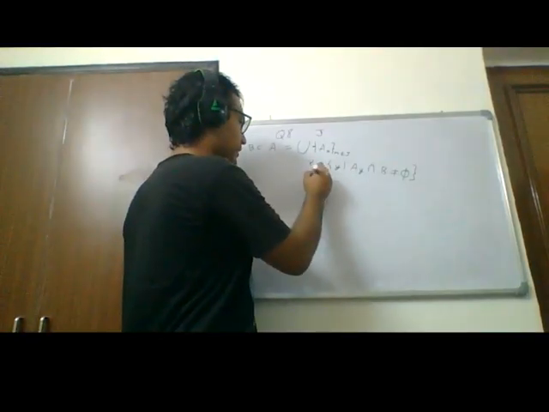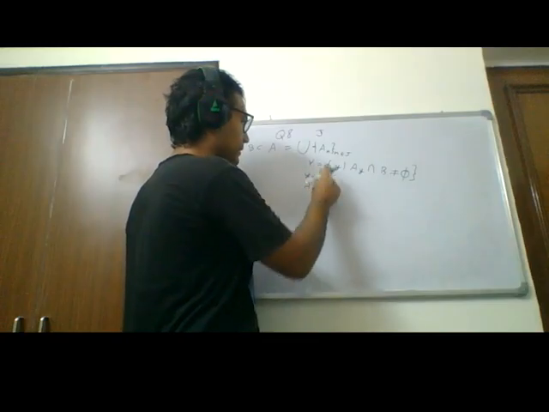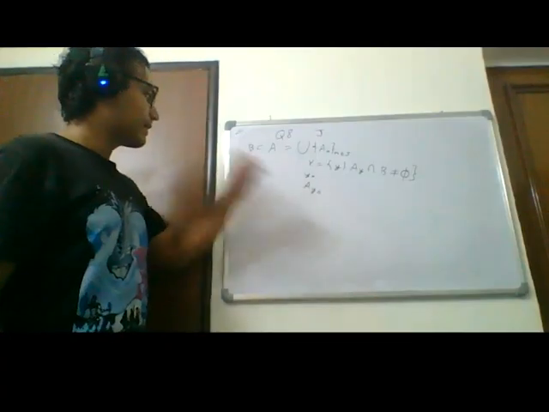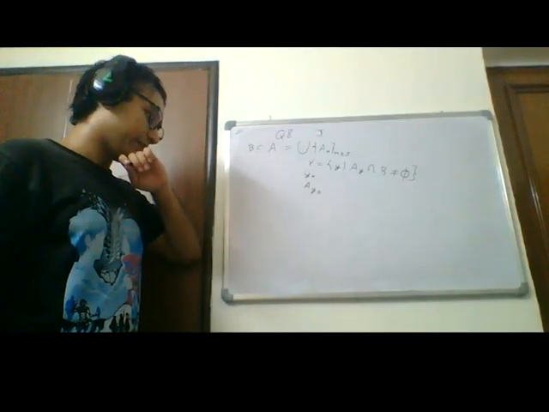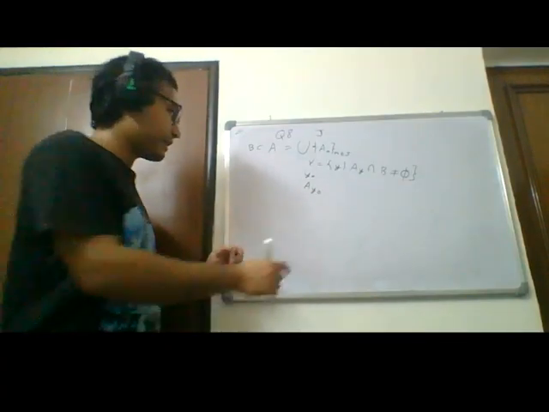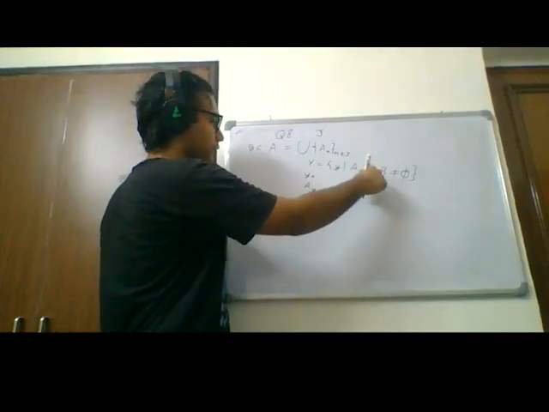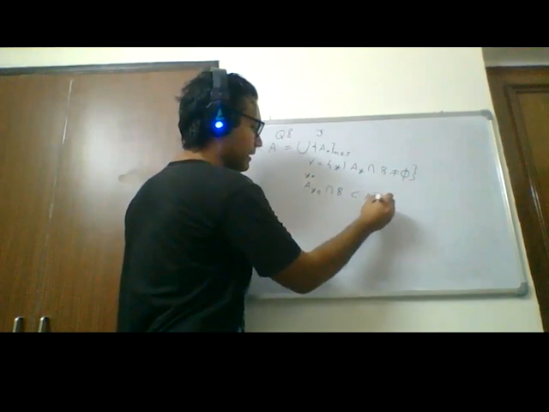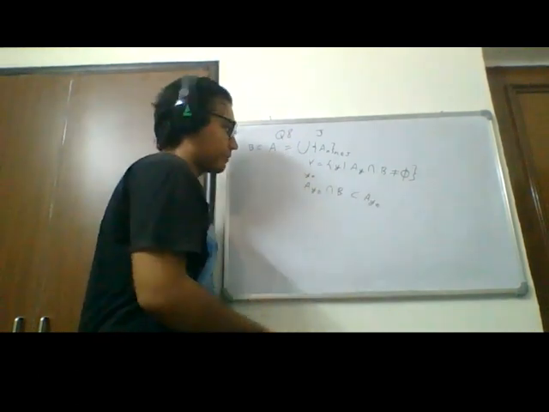Let's call it y naught. And the least member is going to be through this well ordered set. Now, A_y naught will be a well ordered set. And since its intersection is non-empty, we can just simply take its intersection, which is a subset of A_y naught, and this set will have a least member.